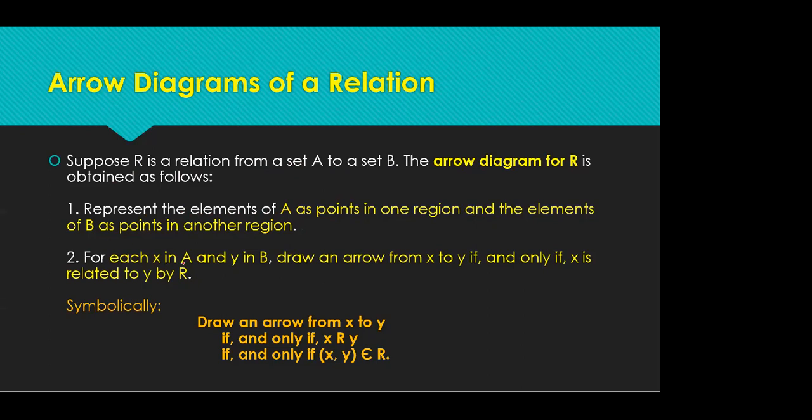For each X in A and Y in B, draw an arrow from X to Y if and only if X is related to Y by R. So symbolically, draw an arrow from X to Y if and only if X relates to Y, if and only if the ordered pair (X, Y) is an element of R.